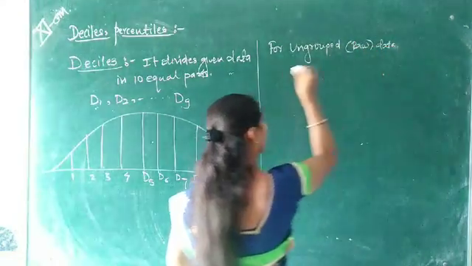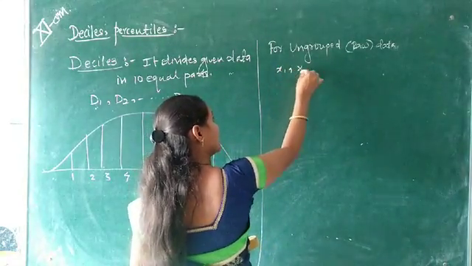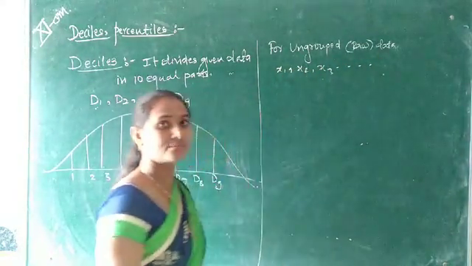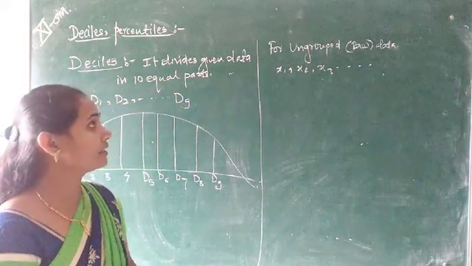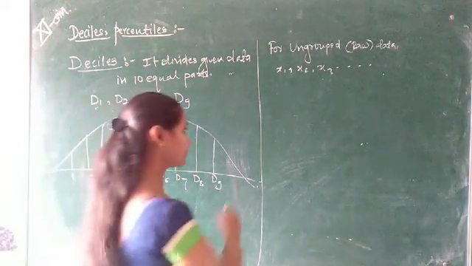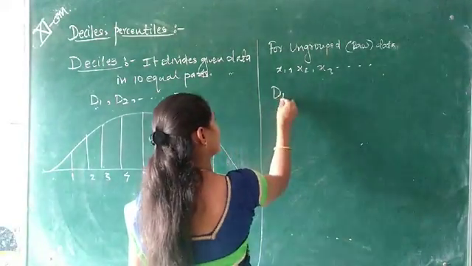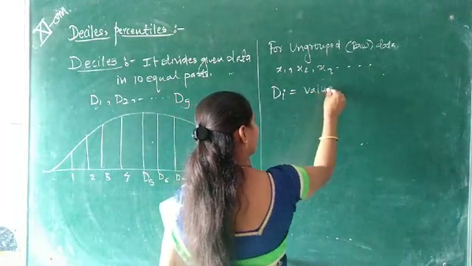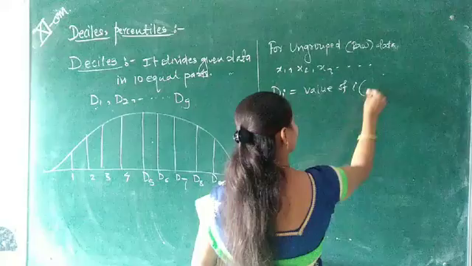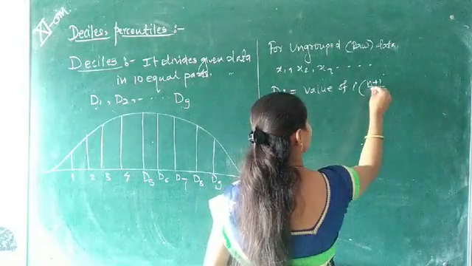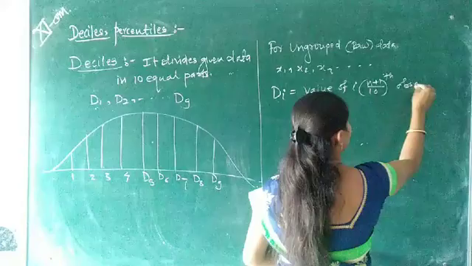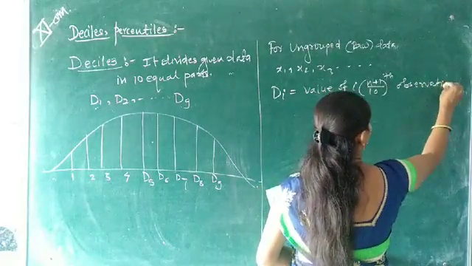Suppose you are given observations x1, x2, x3 and so on up to xn, then you have to find the deciles for the data. So first, in general, Di is equal to the value of (r into (n plus 1)) upon 10th observation.